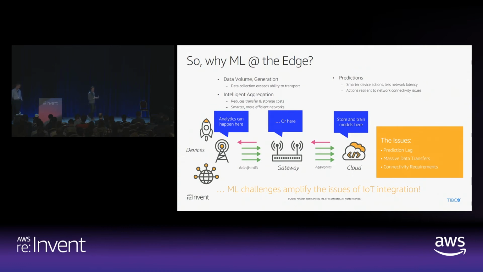And then also the predictions are closer to the source of data. So being able to predict and take action at the source also reduces any sort of prediction latency that might occur if you were dependent solely on the cloud for inferencing.